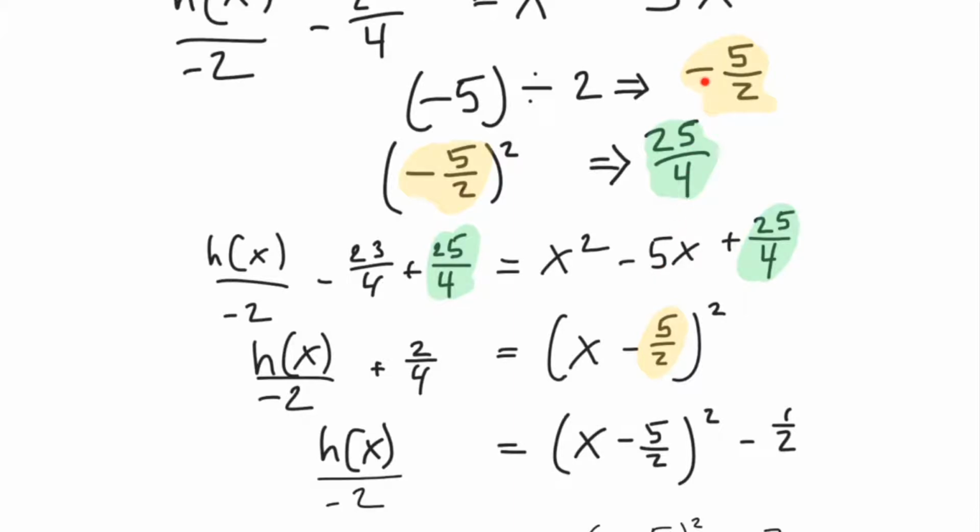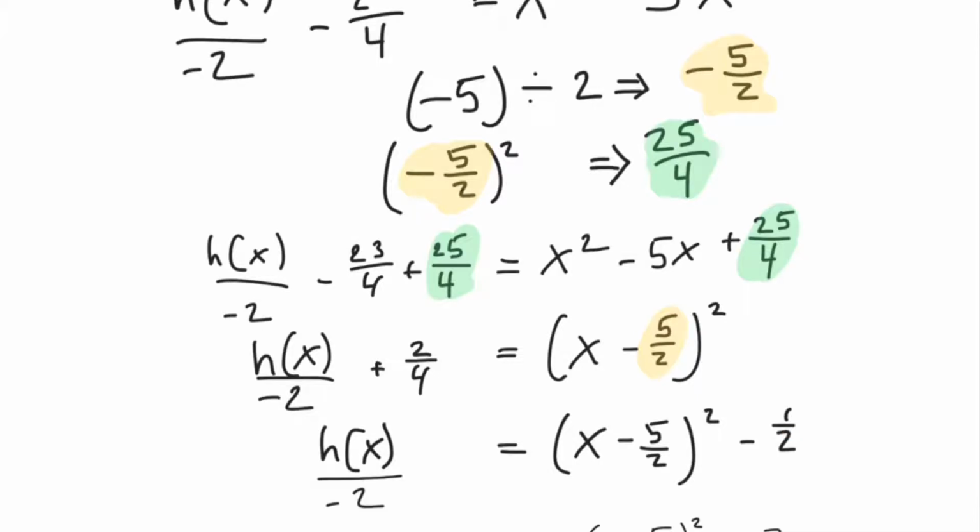It's minus because this is negative here. Anyway, 23 over 4, and minus 23 over 4 plus 25 over 4 simplifies down to positive 2 over 4, because 25 minus 23 is 2. Then we're going to move this 2/4 over to the other side, and I'm going to simplify it down to 1/2. 2/4 turns into 1/2.